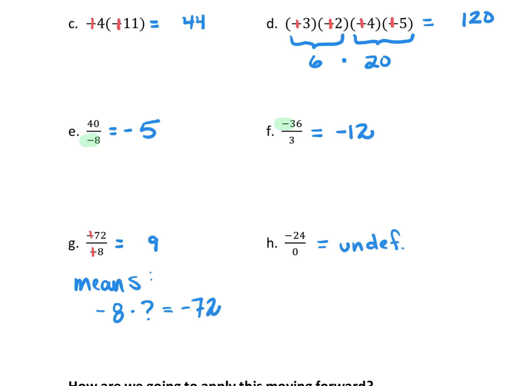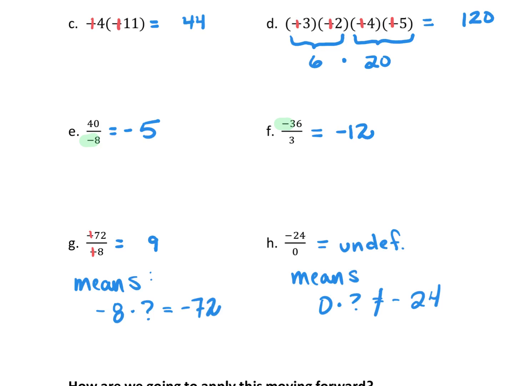When we look at H, what this means is 0 times what is equal to negative 24. And this cannot be done. 0 times anything is 0. It is never equal to anything else.